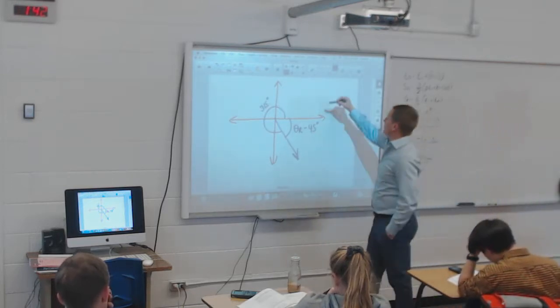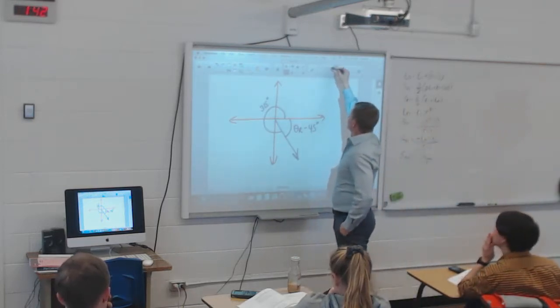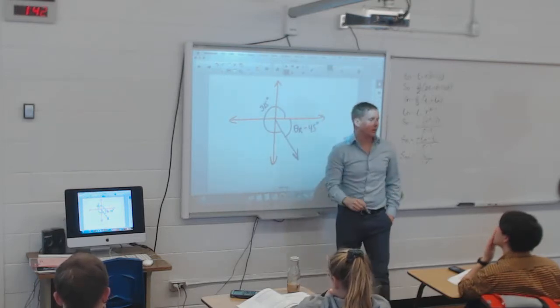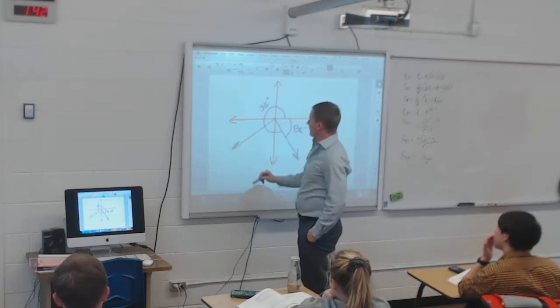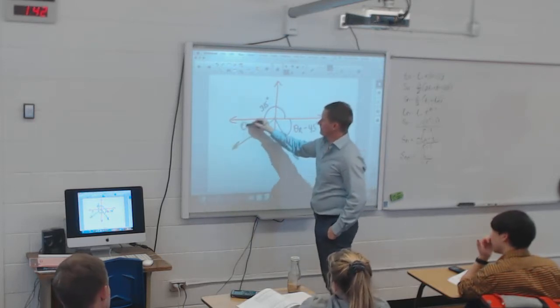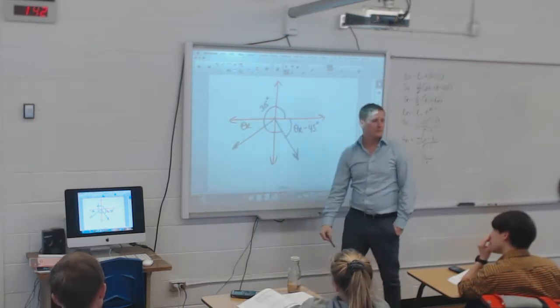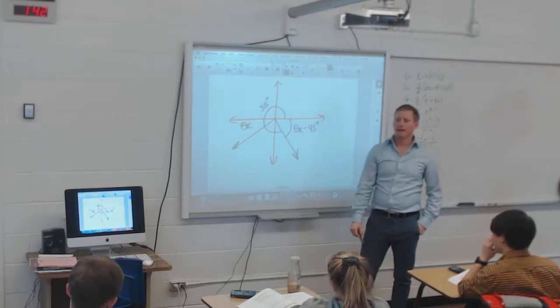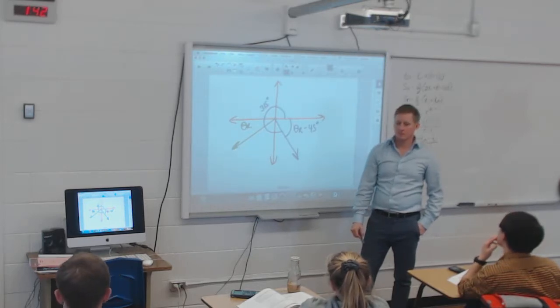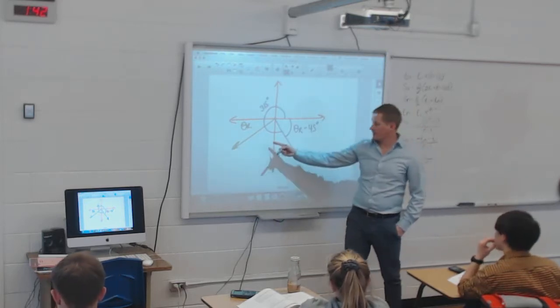201 degrees. Where's 201 degrees? Which quadrant? Quadrant 3. Down here. And how do I get the reference angle? 180 plus? No, it'd be minus. 270 subtracted? No, because that would give you this angle.